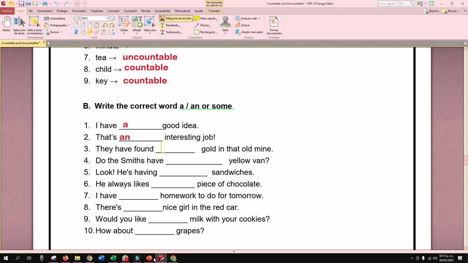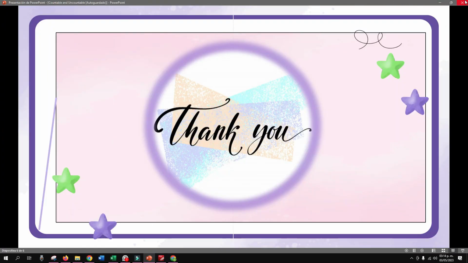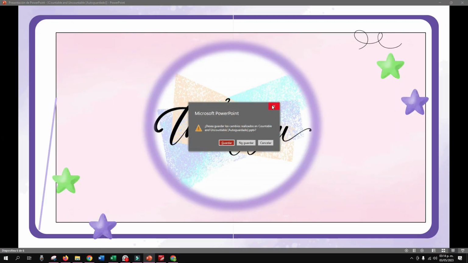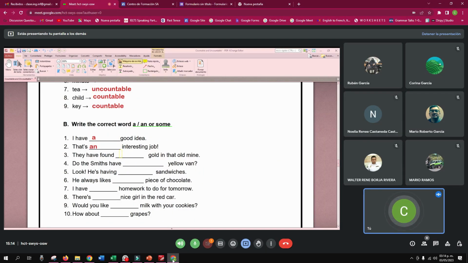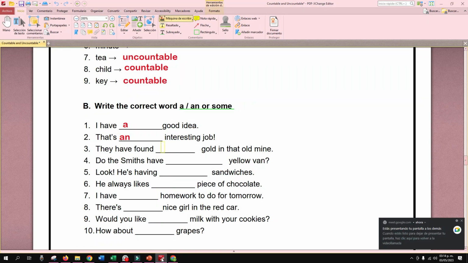Which one do you think we need to use there? Yes, guys. Some. Some, right? Yes, that's okay, mister. Some. So they have found some gold in that old mine.